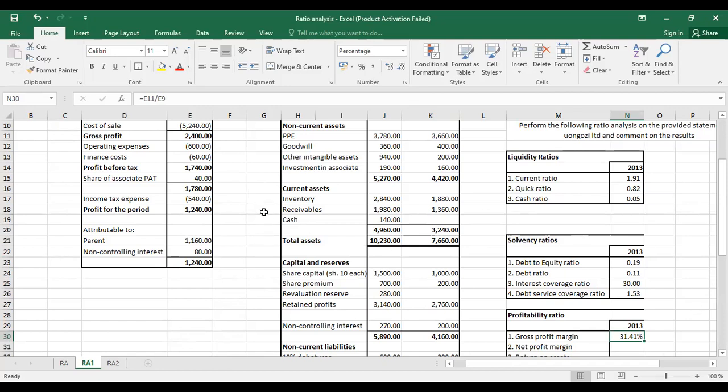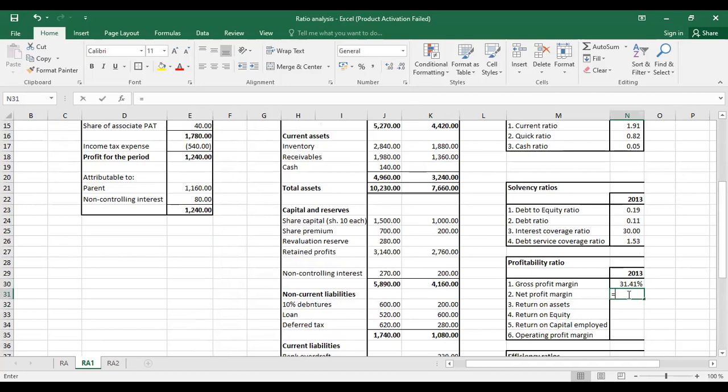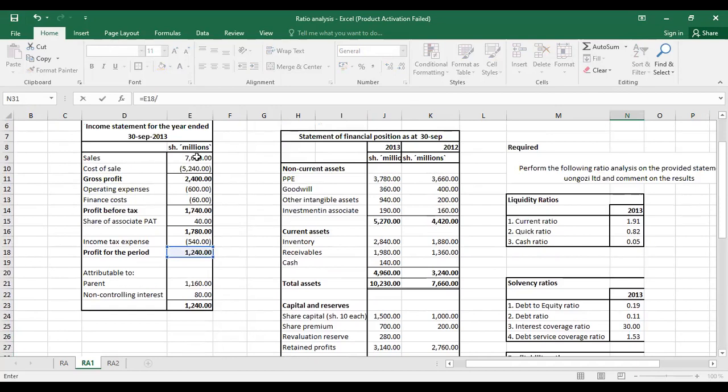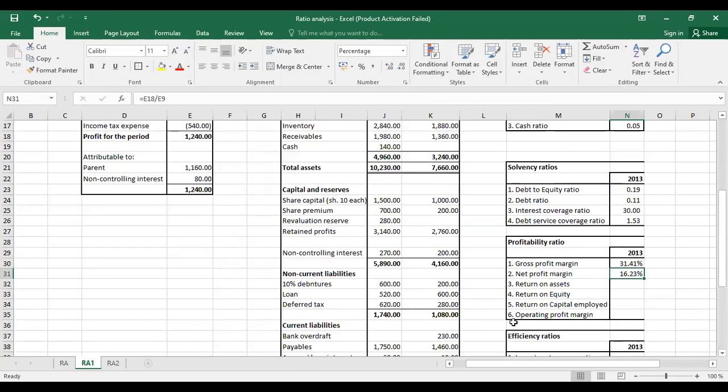Then the net profit margin will be the profit for the period, so equal the 1240 divided by the sales, of which the sales are this one here. Then times 100, percentage, two decimal places. Then return on assets, equal what we got. Just a minute, I'm locating the file again.